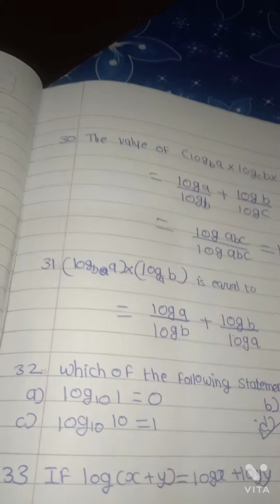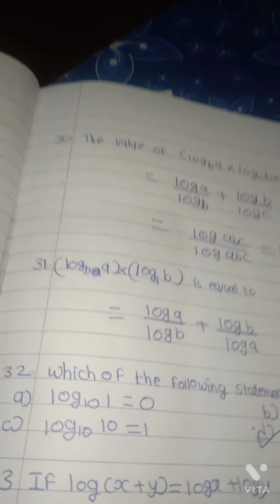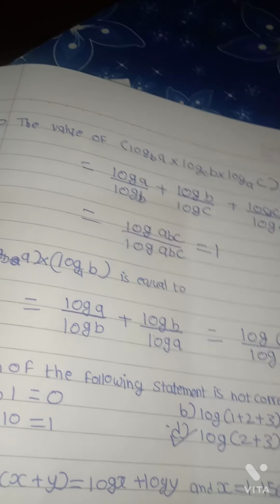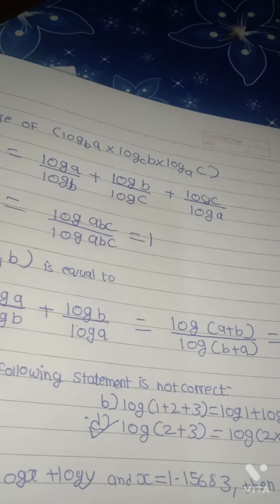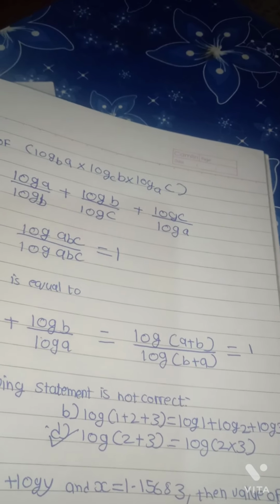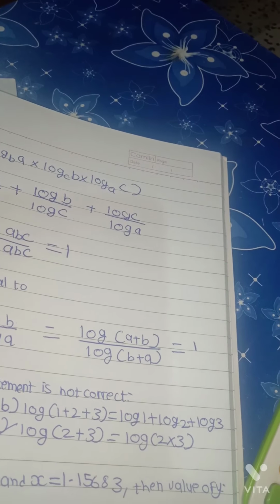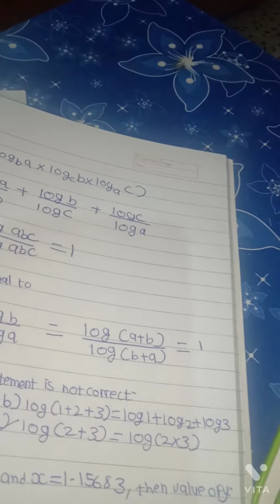In 33 we have to find, if log(x plus y) is equal to log x plus log y and x is equal to 1.15683, then the value of y will be equal to... log(x plus y) is equal to log xy.